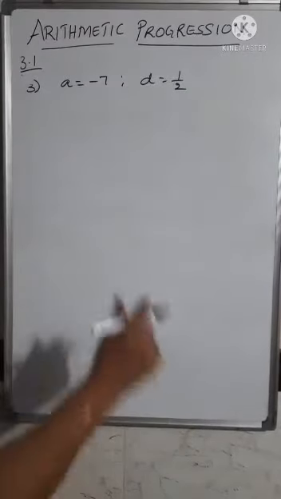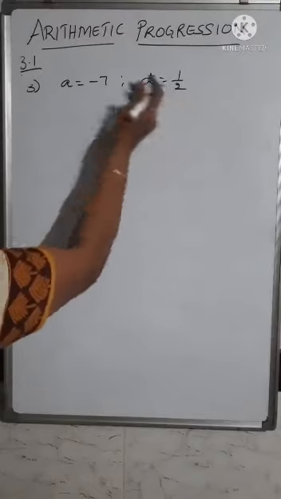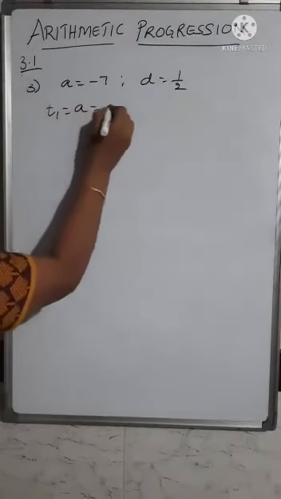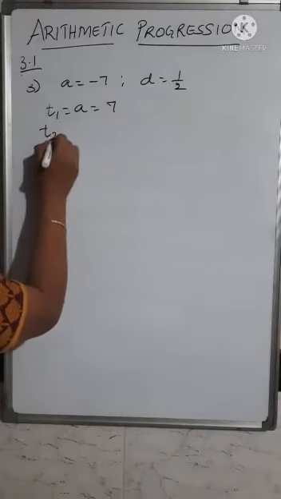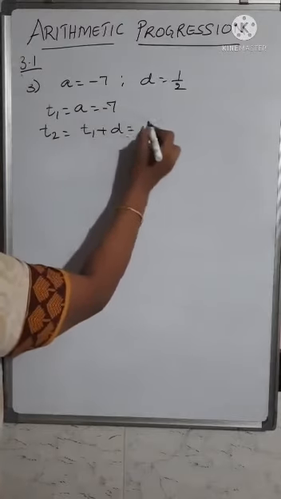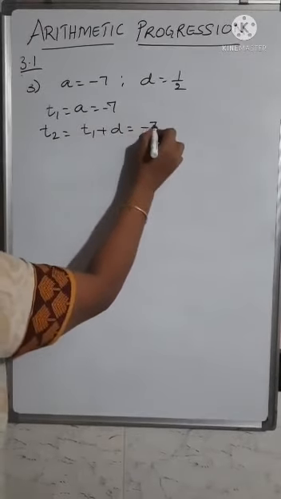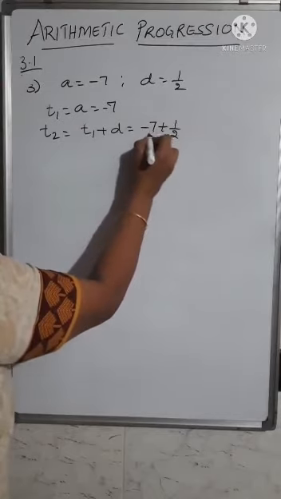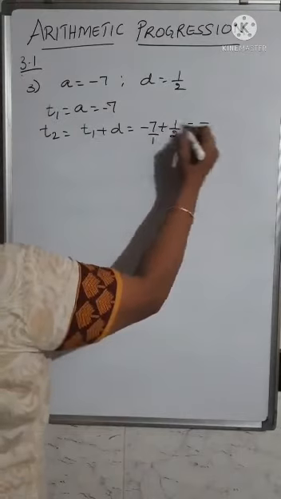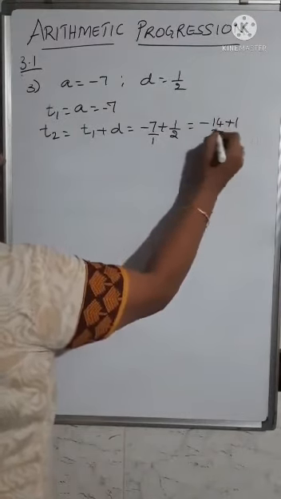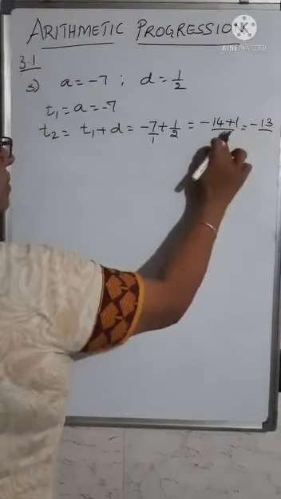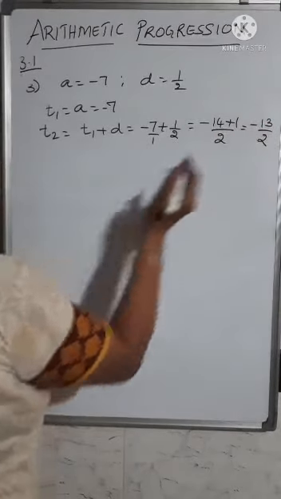In the third problem you have got A is equal to minus 7 and D is equal to 1 upon 2. So T1 is equal to A, which is equal to minus 7. T2 is equal to T1 plus D, which is minus 7 plus 1 upon 2. Cross multiplying, you will get minus 7 twos are 14 plus 1 upon 2, which is equal to minus 13 upon 2.